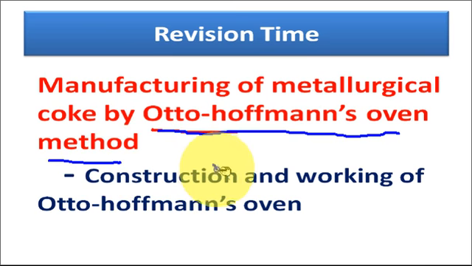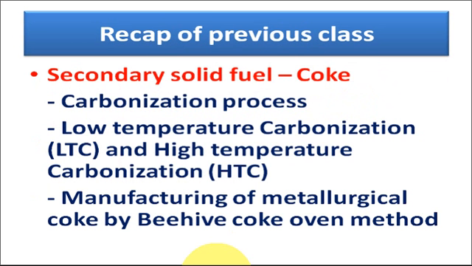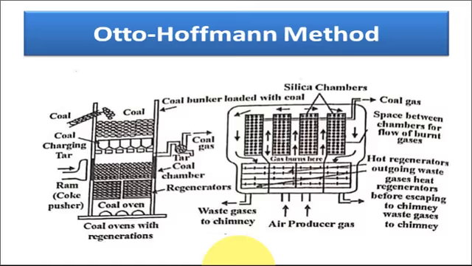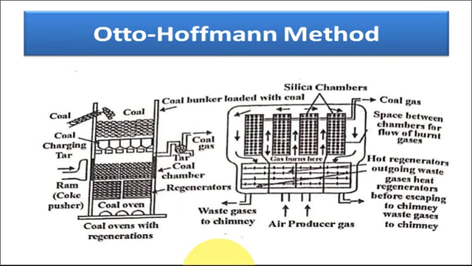In detail, we have discussed the construction and the working of the Otto Hoffmann's method. We have learned that 16 to 20 ton of coal can be converted into coke in a single Otto Hoffmann oven.